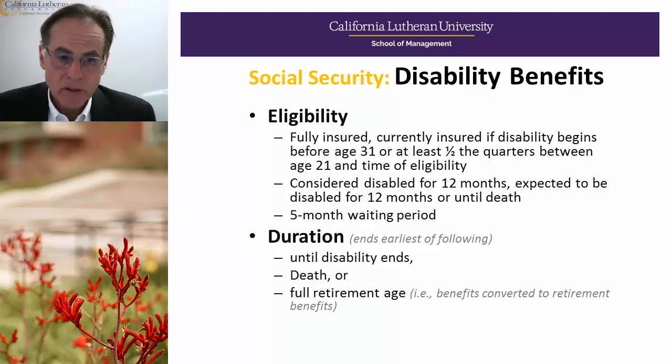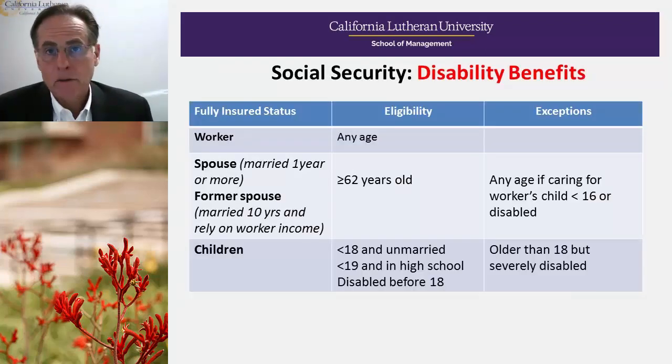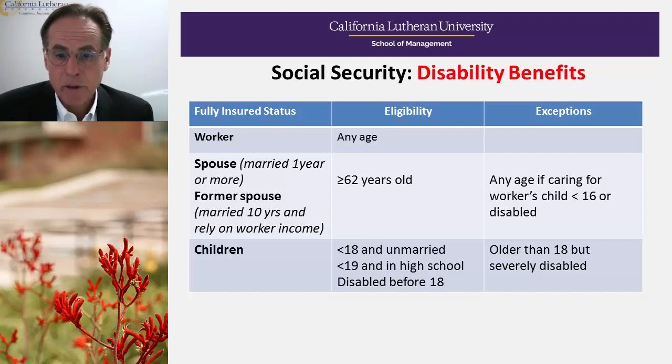How long do the benefits continue? Until the disability ends, death occurs, or you reach full retirement age. At that point in time, the benefits become old age retirement benefits, not disability benefits. The table on this slide depicts who can receive disability benefits.